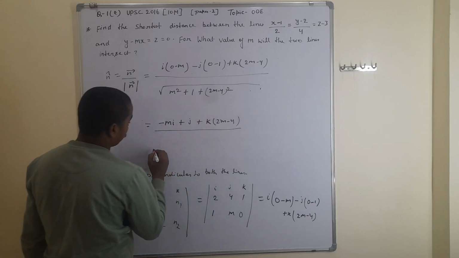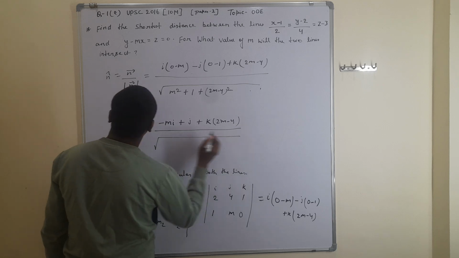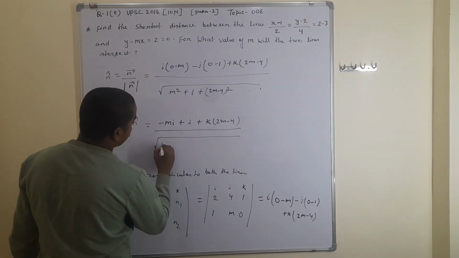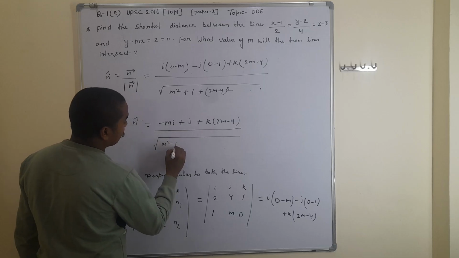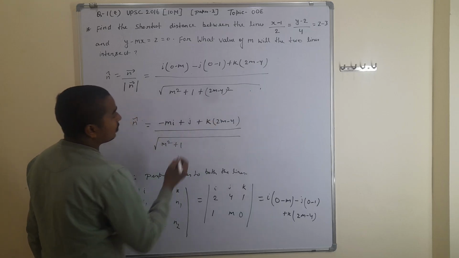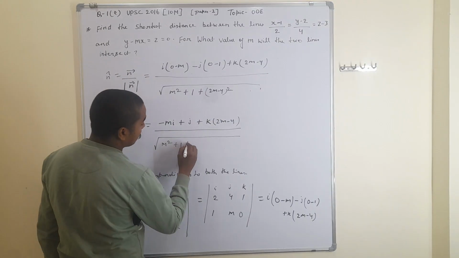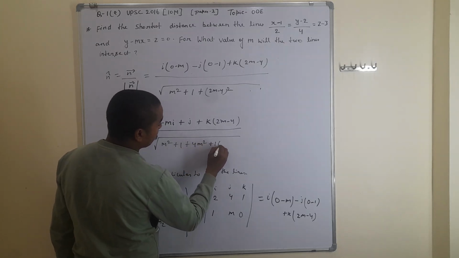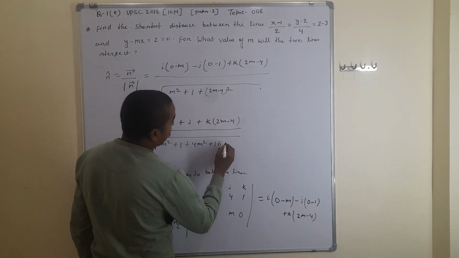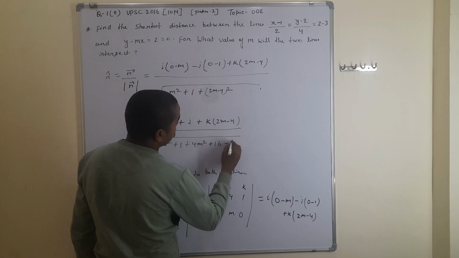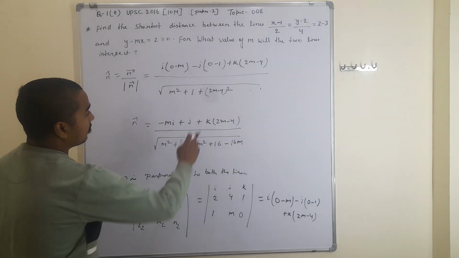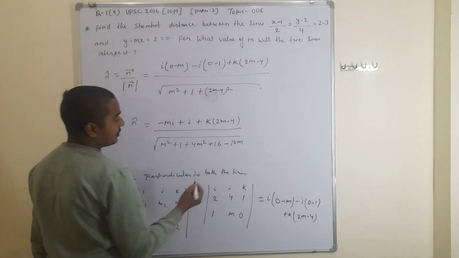On solving the root, this is the n cap, m squared plus 1 plus, on opening (2m minus 4) whole squared, that is 4m squared plus 16 minus 16m, using 2ab, that is 4 times 4 is 16.